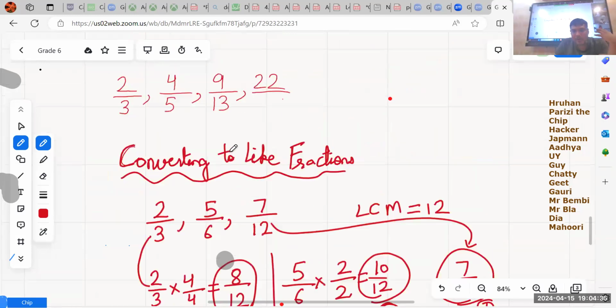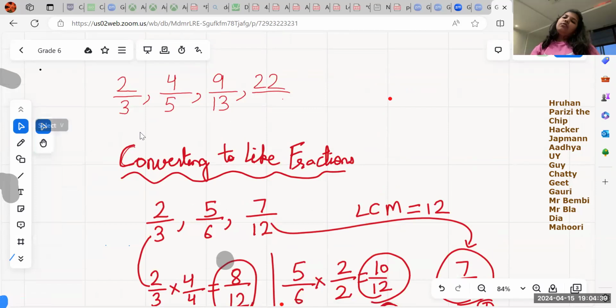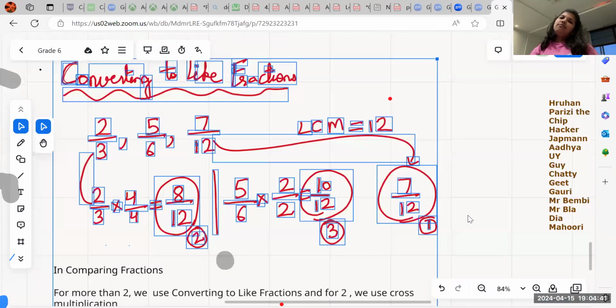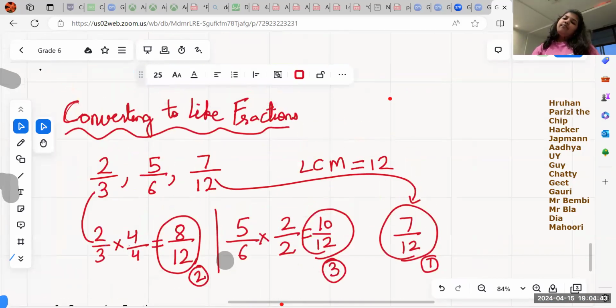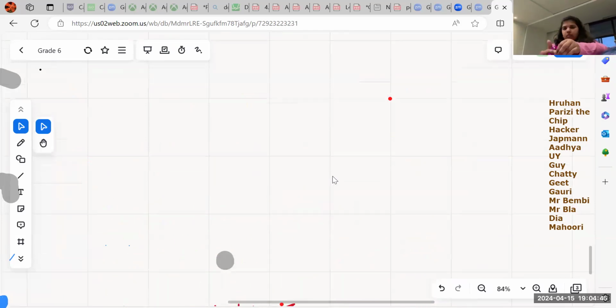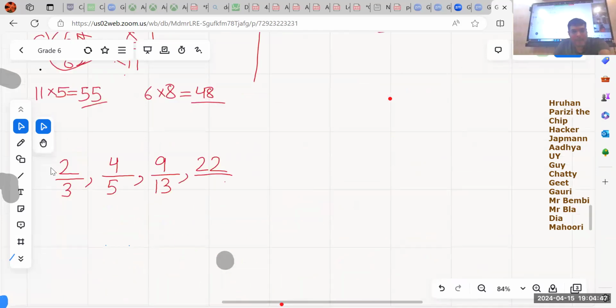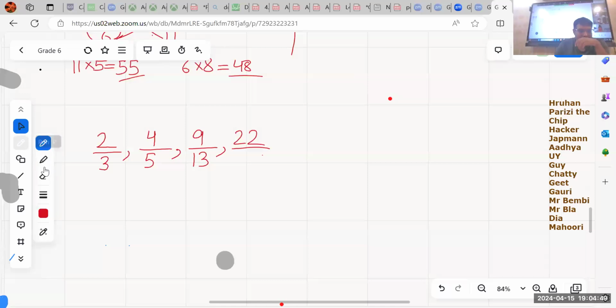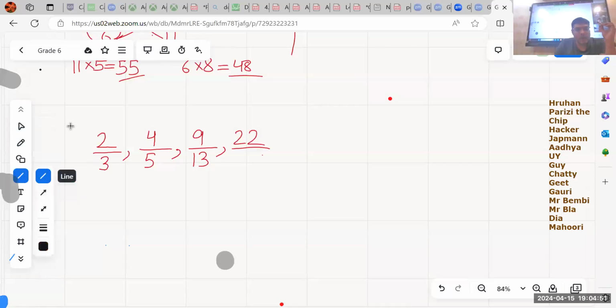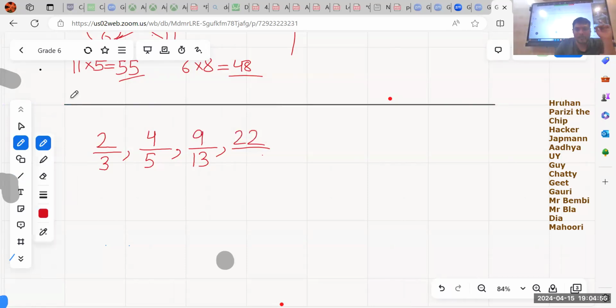Now let me give you one question which I was giving this one. You have to compare these 4 numbers and you have to find the easiest way to compare. I'm not saying you to cross multiply.